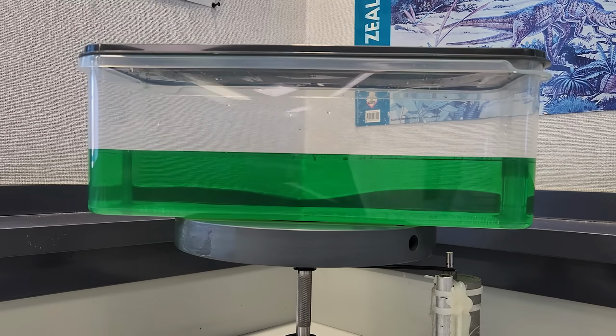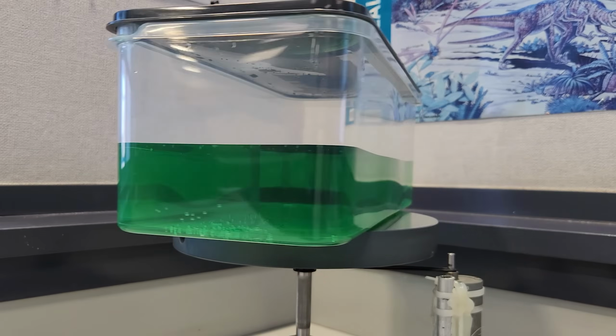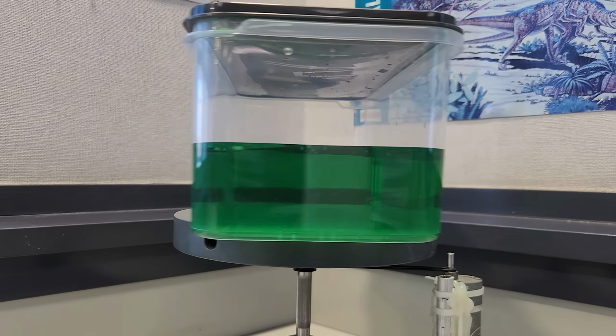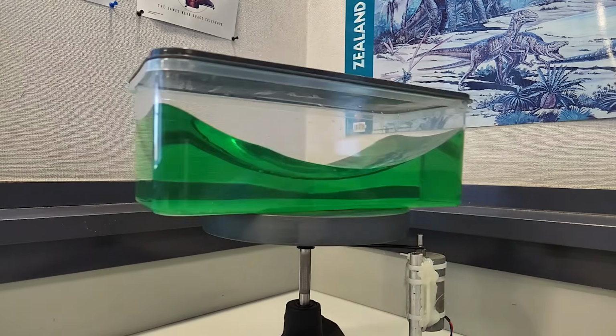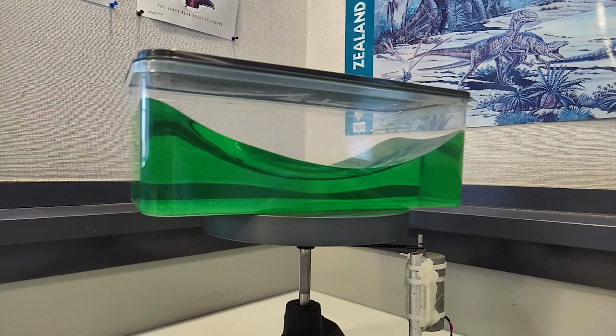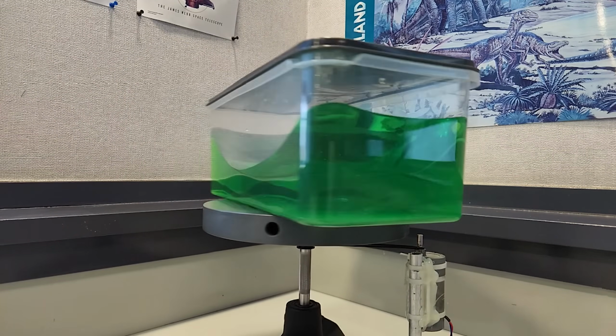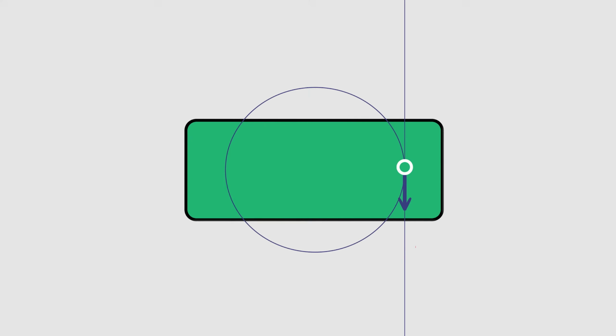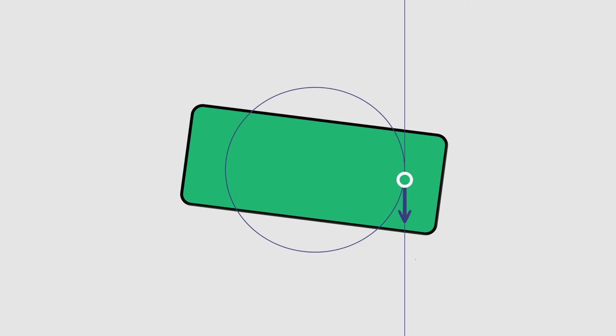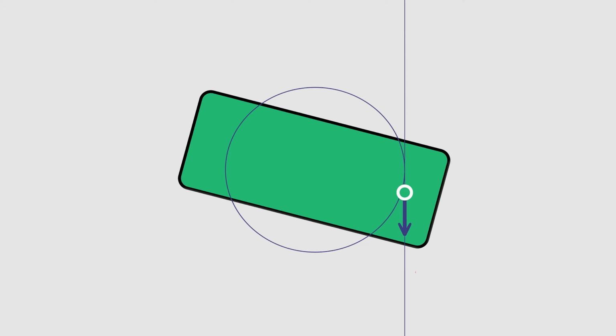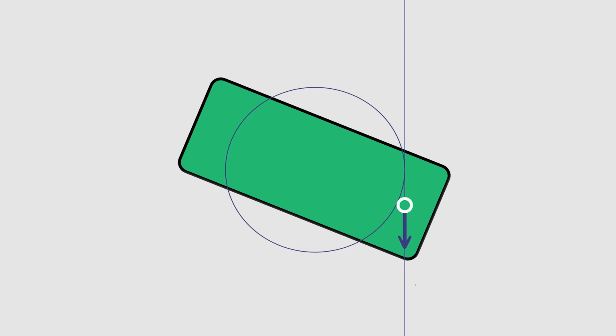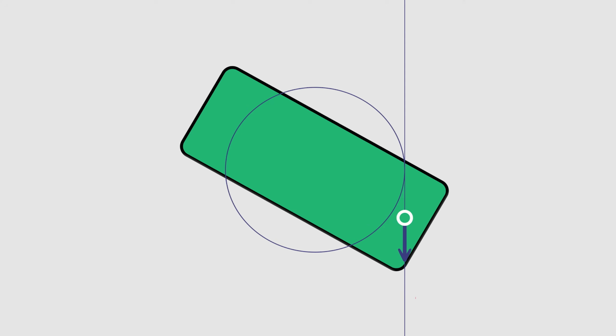I have here a container of water, coloured green and set to spin on a turntable. As it does, we observe the water moving outwards from the centre. To explain this, consider a particle of water within the container. As the container rotates, the velocity of the particle is tangential to the circle, and if no forces were to act upon it, it would continue in this direction.